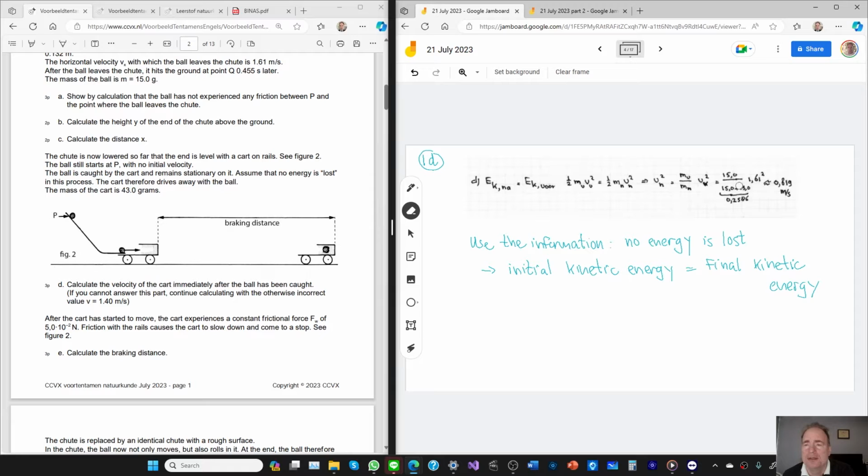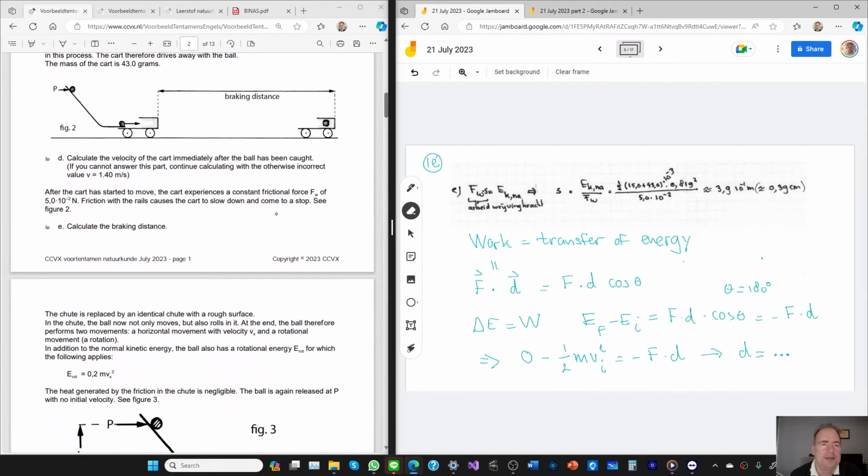So this is done here. Then solving for v, I cannot read the letter here, but solving for the speed of the combined card and ball later, you find 0.819 meter per second.